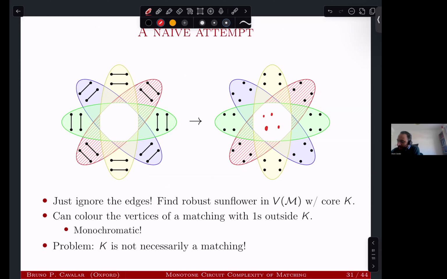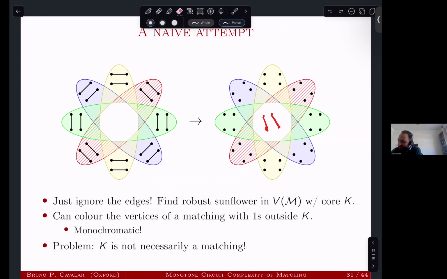So maybe in this red matching, you're getting these edges. But maybe in the green matching, you're getting these edges, right? Even though we have the same vertex set, you have different matchings. And it could be even worse than that.